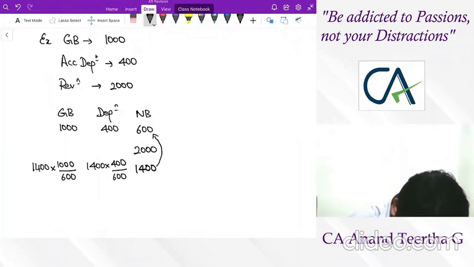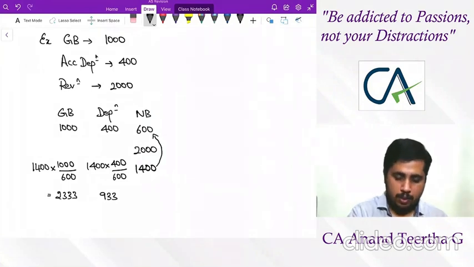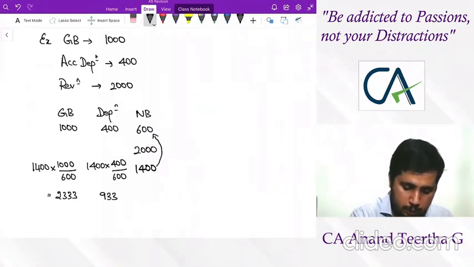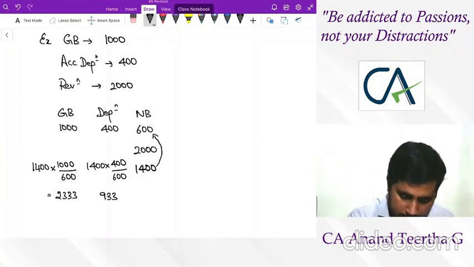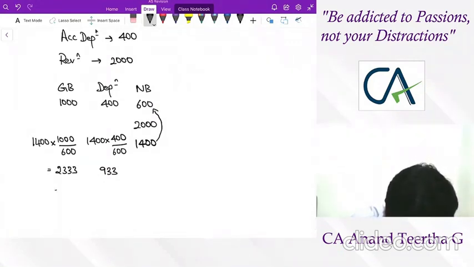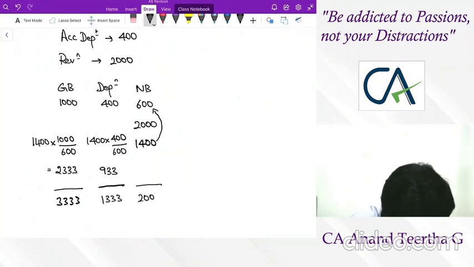So this will be 2333, this will be 933, on the proportion basis. So according to the net block proportion, this is done. So 1600, 400, 600, accordingly it is done. Now take up the grand total. So gross block will become 3333, depreciation will become 1333, and obviously net block will now come as 2000.